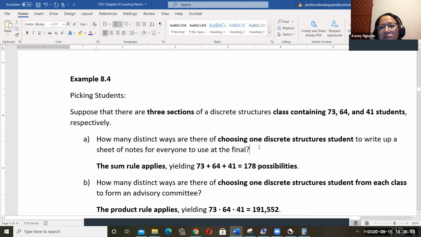Now, you know that in reality, when we pick that one person, that person is eliminated from the group, okay, and so forth. So we would first looking at the sum rule, because we have 3 classes. We have 73, 64, and 41 students combined. So first we add these together to look at the possibility. There's 178 students to pick from.